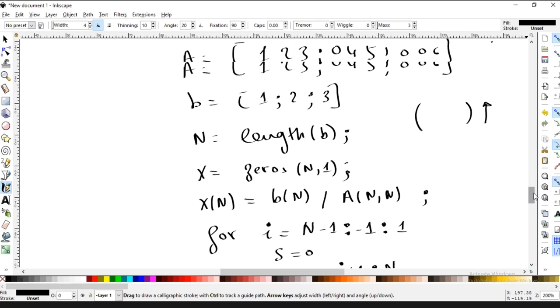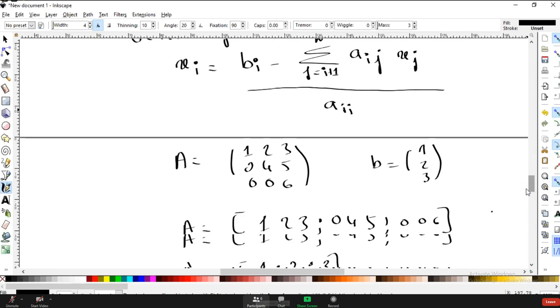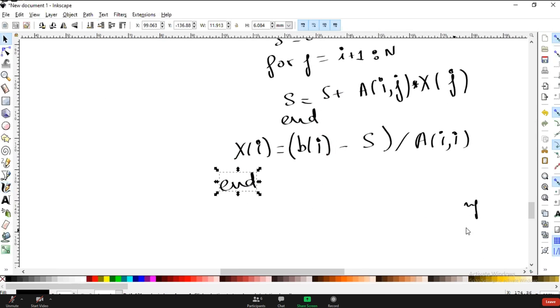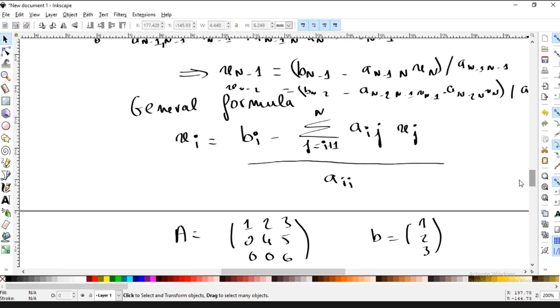So that's how you would calculate the solution xi for an upper triangular matrix. Now, if it's a lower triangular matrix, you don't have this problem. It's the same expression, of course, but the sum doesn't go anymore from i plus 1 till n. It goes from what to what?